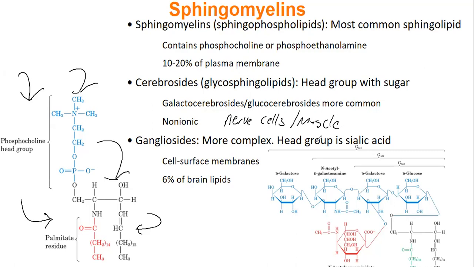So they'll coat the nerve, so important for your brain and your nervous system, and also in your muscles. And they're very abundant in the brain too, in the white matter of the brain, in your myelin sheaths.